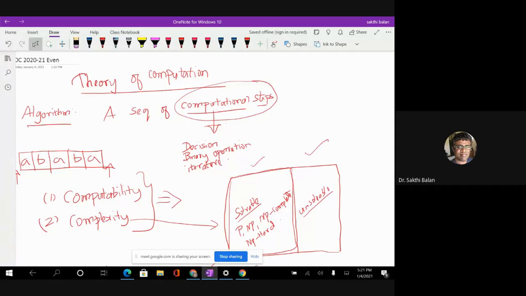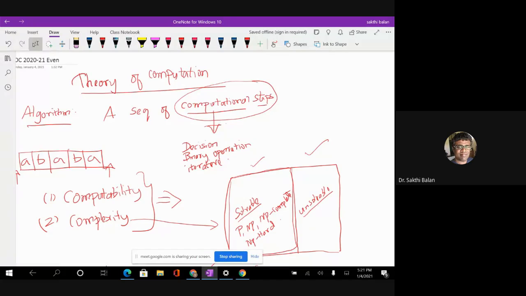What is the necessity for a computer scientist to know about the theory? That is very important to look into. This is one of the very few theory courses which is still remaining for a computer scientist. So let's see what is there in this course and why we need to study it.